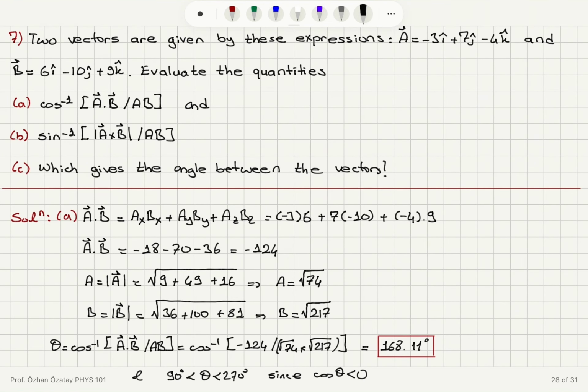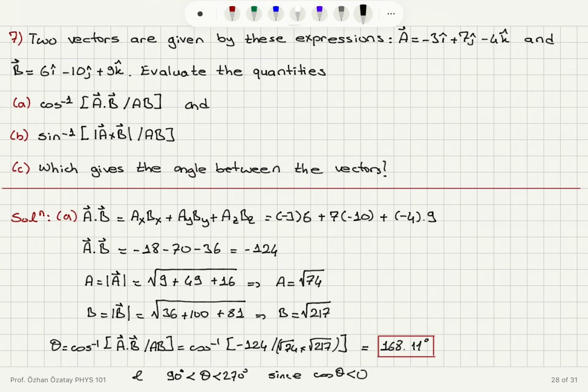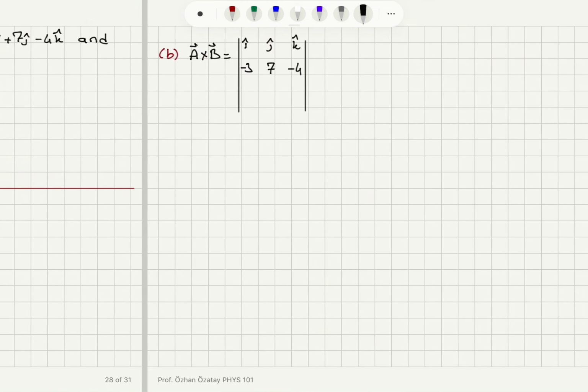So if I look at the cross product of A and B, I will be using this determinant again. Well, how do I calculate A cross B? This is the determinant. First I have the unit vectors i hat, j hat, k hat. Then I have ax, which is minus 3, ay is 7, az is minus 4: minus 3 i hat, 7 j hat, minus 4 k hat.